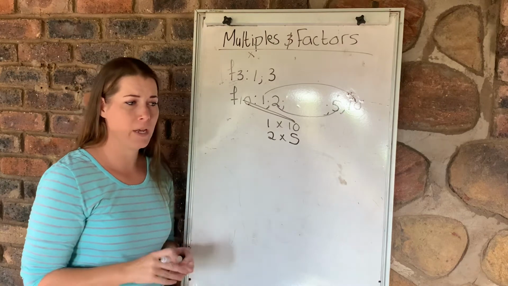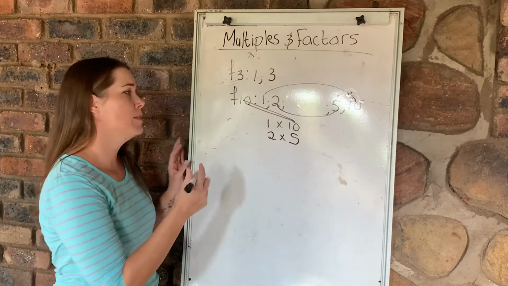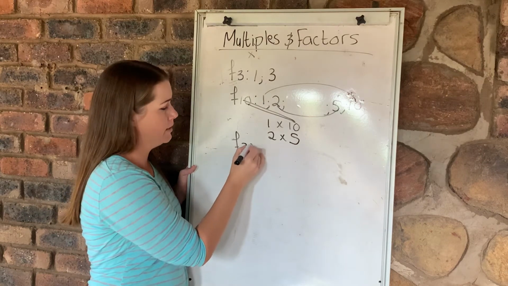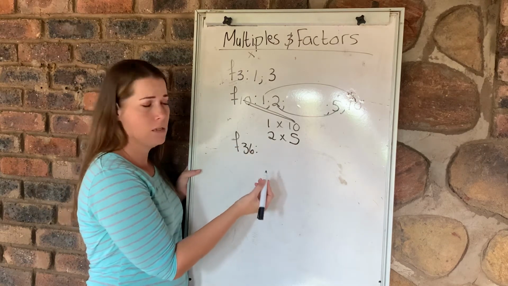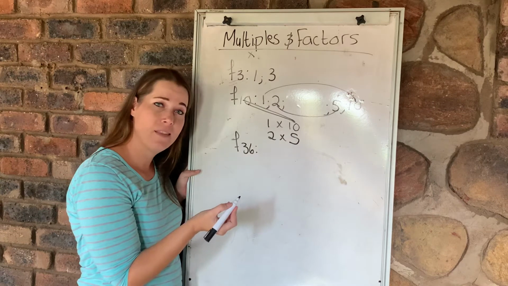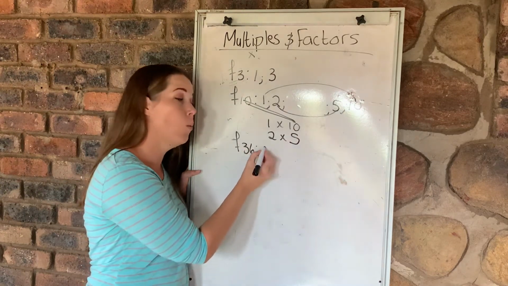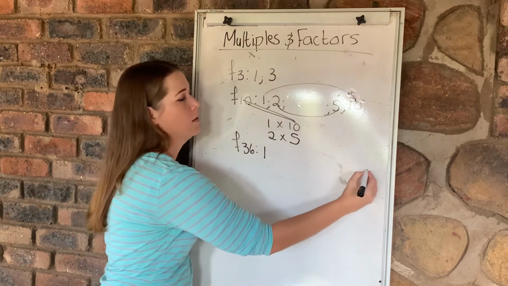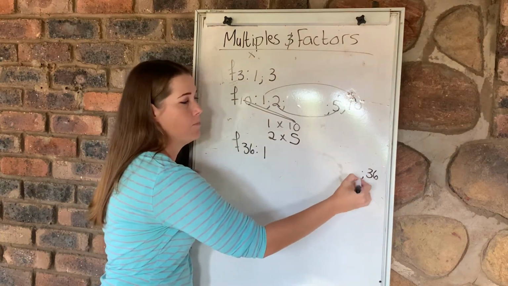An interesting one that I also just want to show you is if we look, for example, at the factors of 36. Right. What is the first number that can divide into all numbers? 1. 1 times what will give me 36? 36.